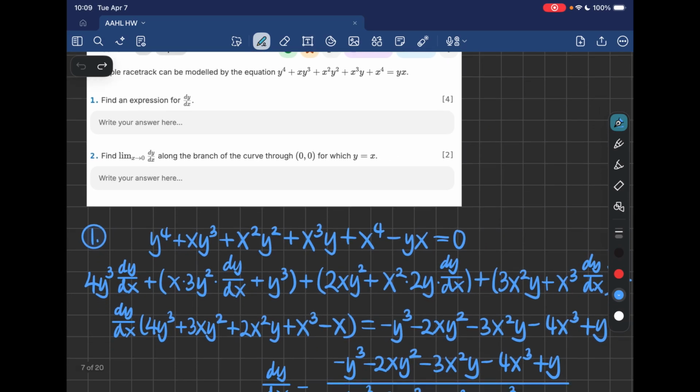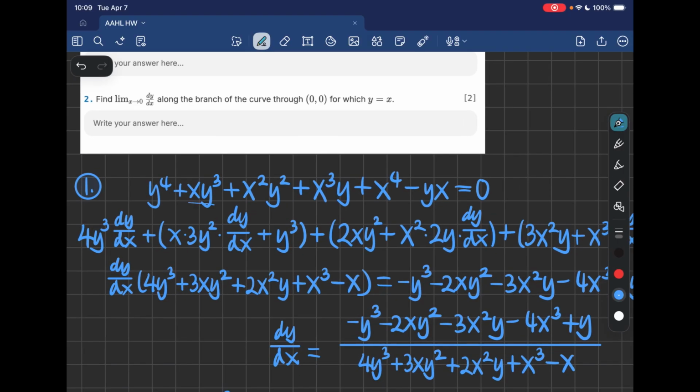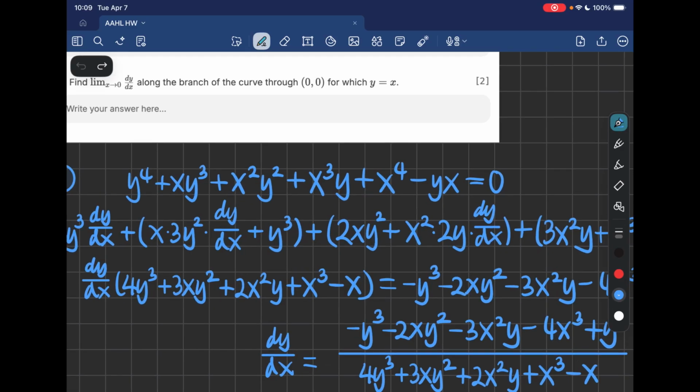What I do is that I copy everything down but move all these terms with variables onto one side. So it's this whole thing equaling 0 here. And then let's just do implicit differentiation. Notice that the terms like these are the product of x and y to some power, so we need to apply product rule.